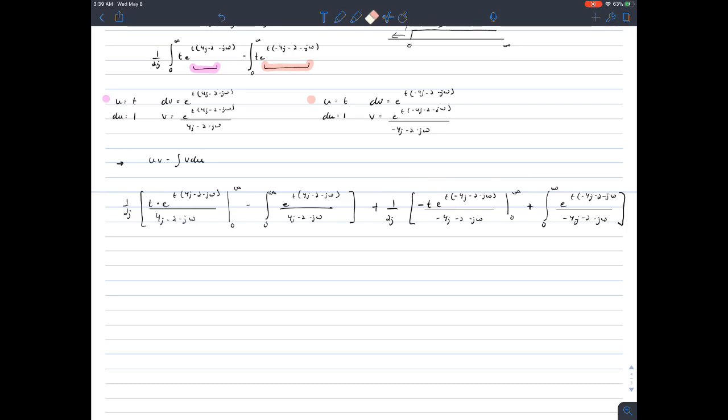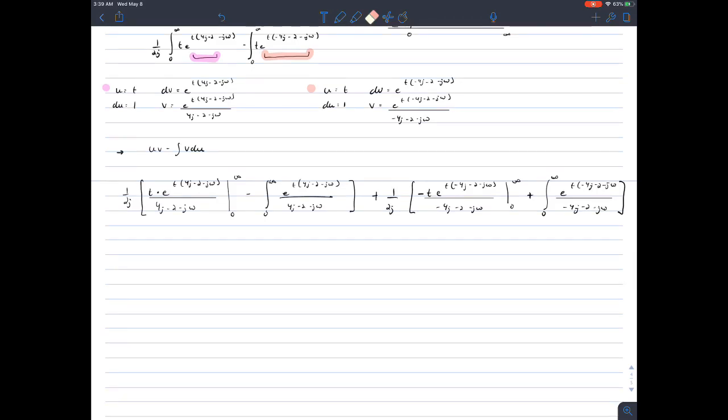Okay, let me get this out of the way. Alright. So now we're going to be cooking here, okay? Let's see here. Actually, whenever you plug in either one of these values, this is actually going to equal 0.